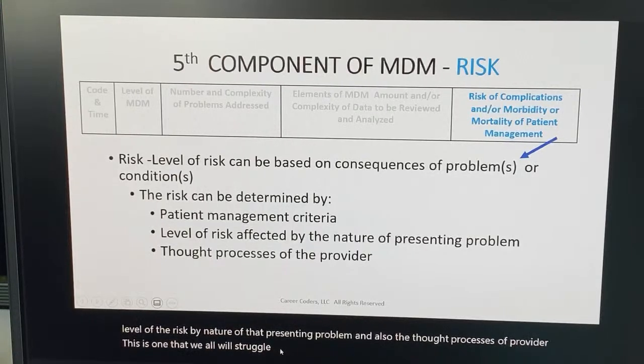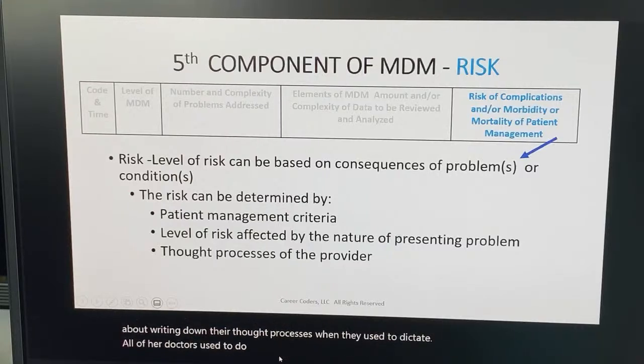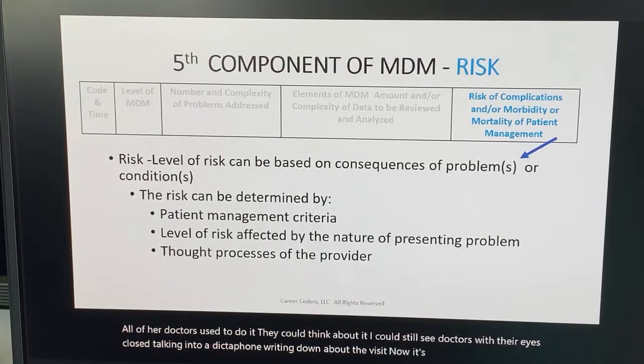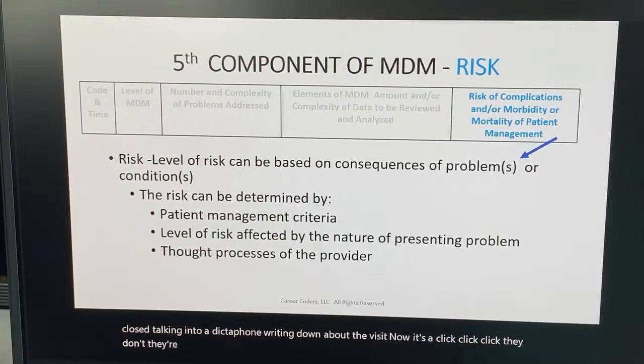Doctors sometimes are not really good about writing down their thought processes. You know, when they used to dictate, and all of our doctors used to do it, they could think about it. I can still see doctors with their eyes closed, talking into a dictaphone, writing down about the visit. Now it's a click, click, click. They're not as good at writing down their thought processes.